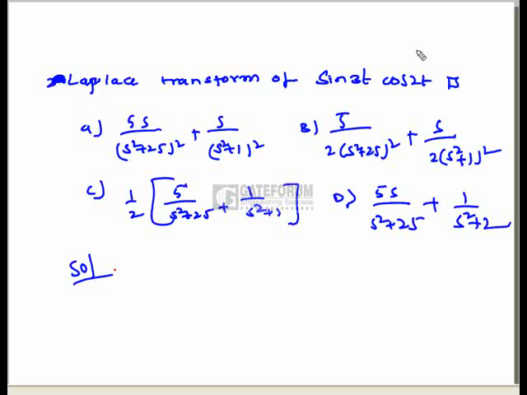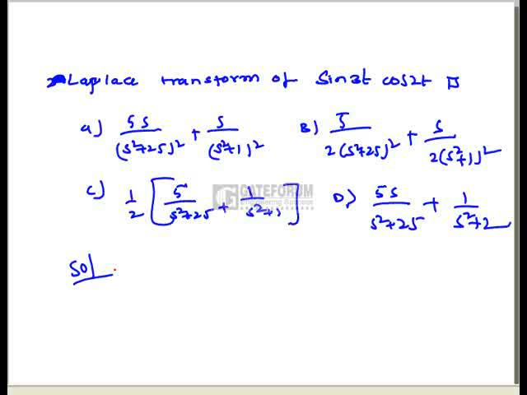Question is, find out the Laplace transform of sine 3t and cos 2t. Here option A, option B, option C and option D are given.